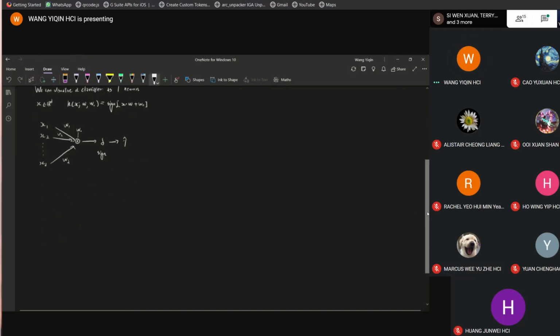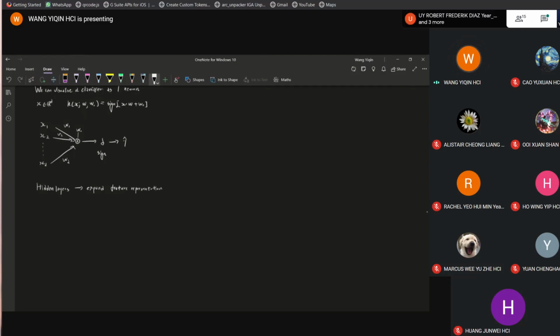And from here, we can relate stacking of neurons to the idea of feature representation. So let's talk about the concept of hidden layers, which can be used to expand the feature representation. Remember, we talked about feature representation in the last lecture, where we take your x of dimensionality d and put it through a feature transformation function phi to obtain a much higher dimension representation of it.